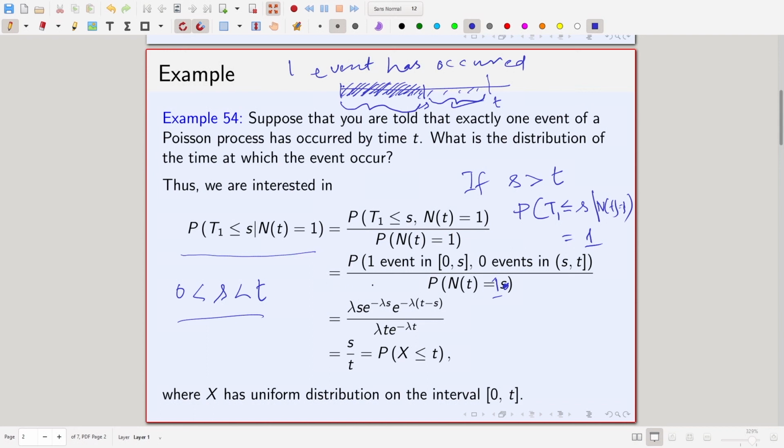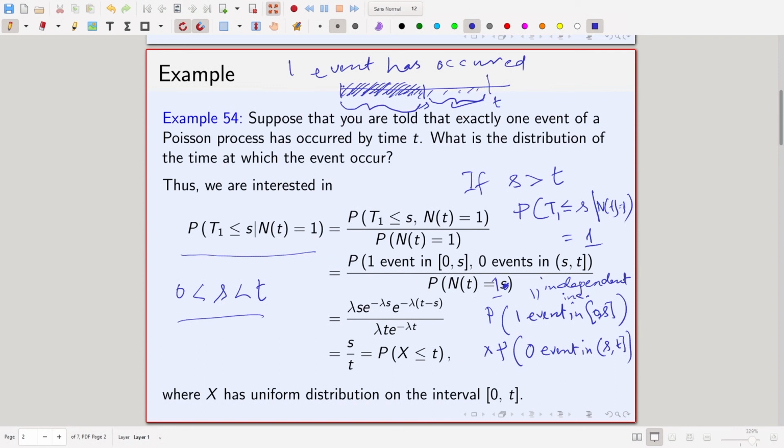So, this probability basically breaks into the probability of one event in 0 to s times the probability of 0 events in (s, t]. This is equal to this by the independent increments property.